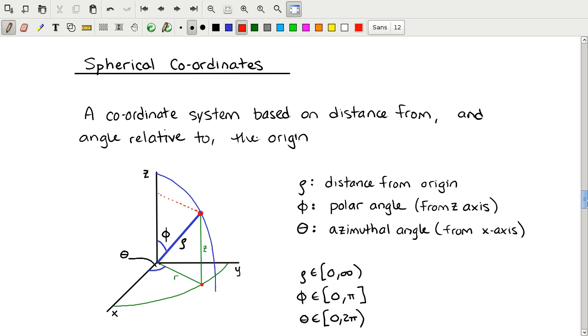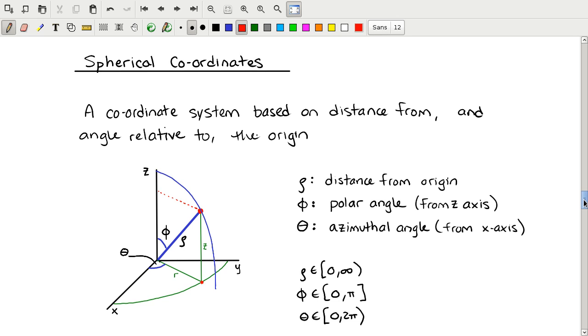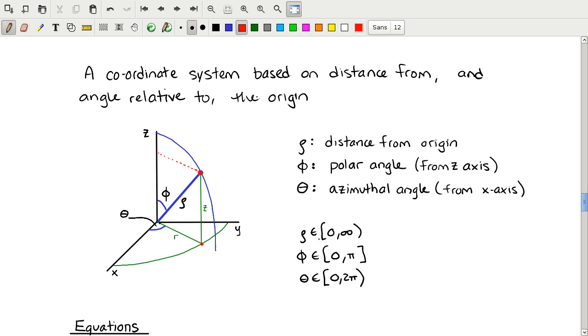It's good to review the possible bounds on these variables. As in cylindrical coordinates, rho is always reckoned as a positive distance from the origin. You can interpret a negative value of rho, but if you're asked to identify the spherical coordinates of some point, we always choose the positive value of rho, the distance from the origin.